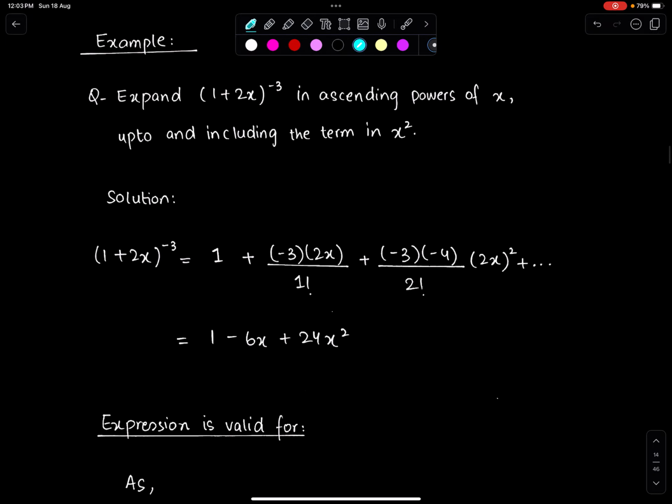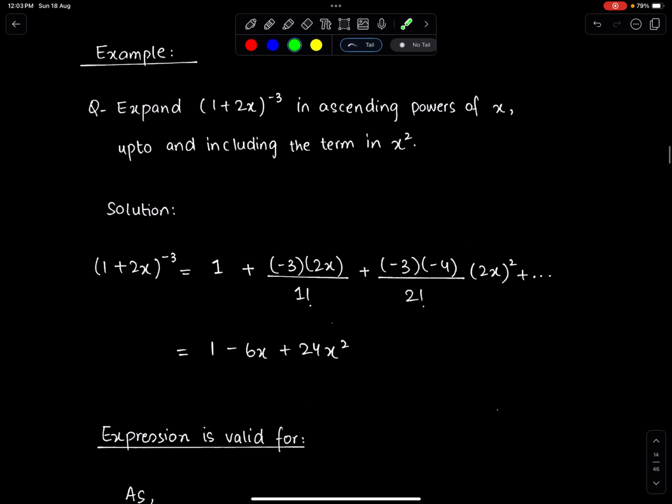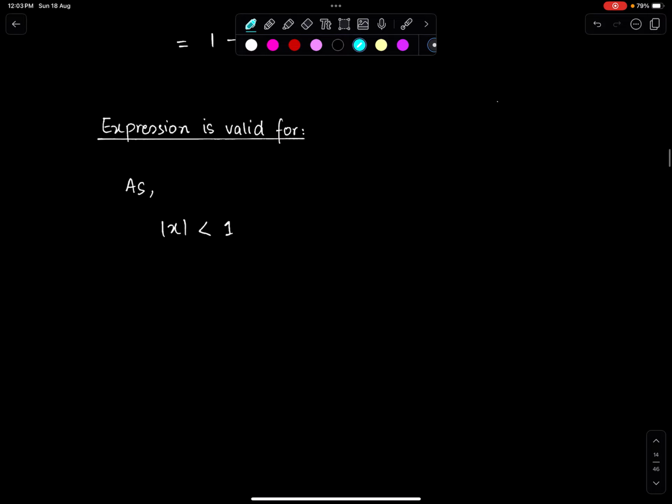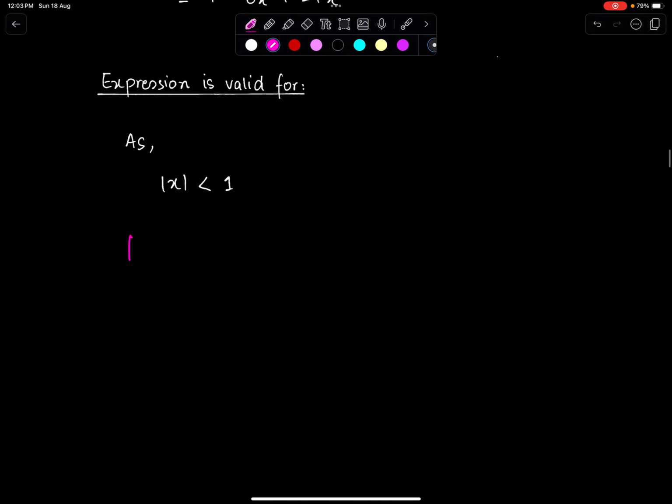Another example. Values of x for which this expansion is valid. Second term is 2x. So replace x of this modulus by 2x. Now solve this inequality for modulus x.